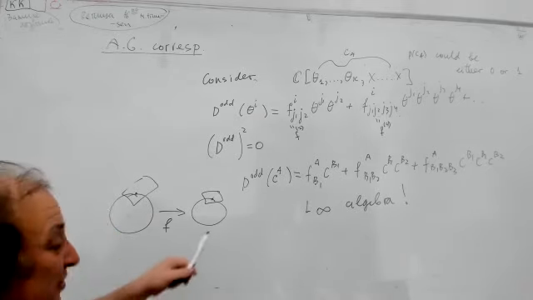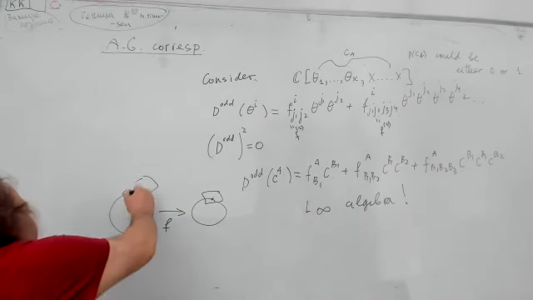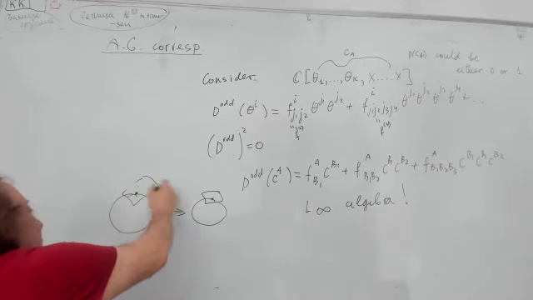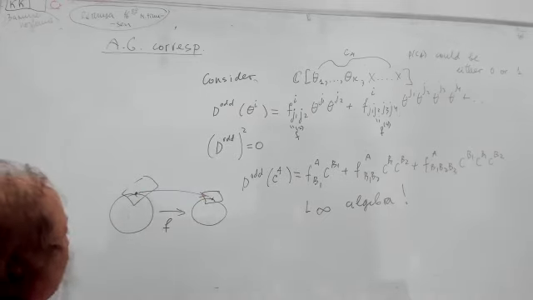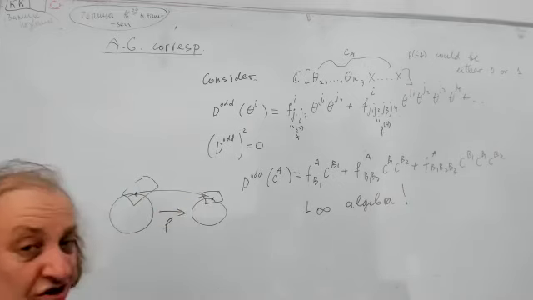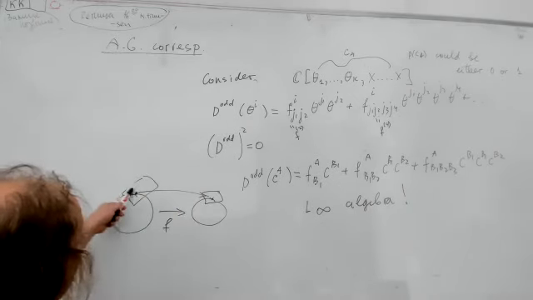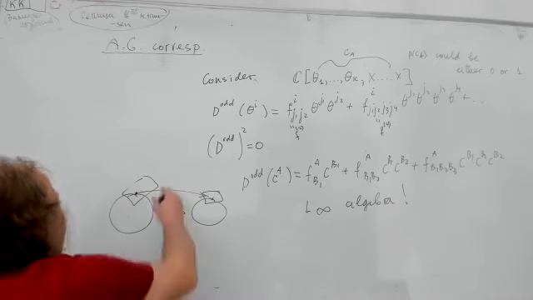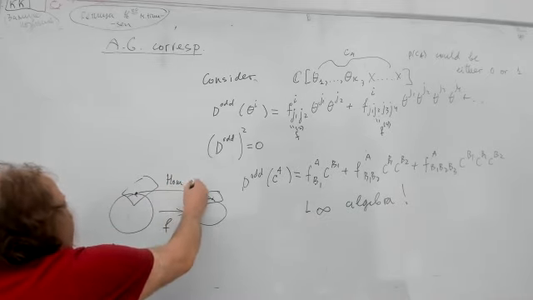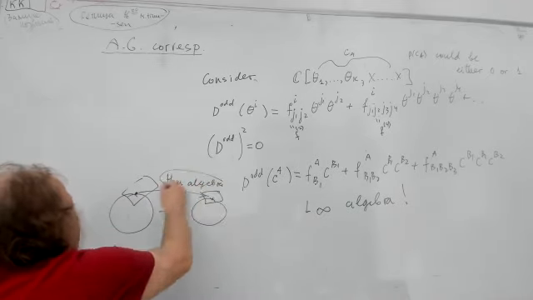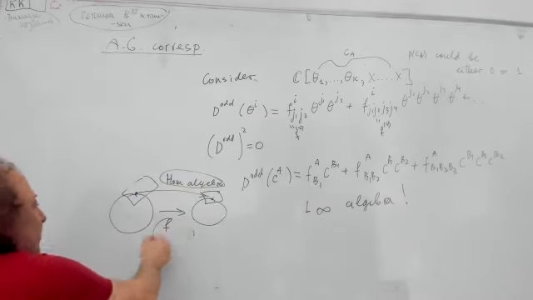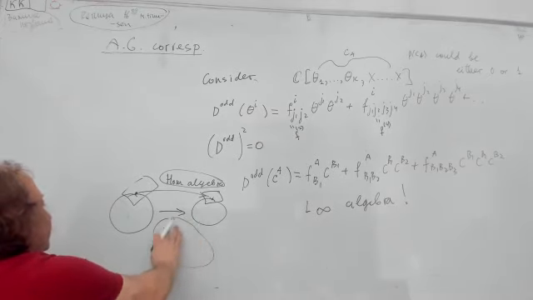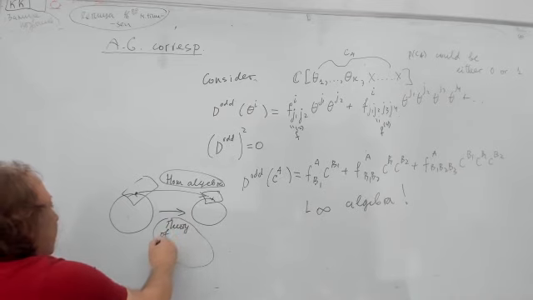Then you can consider linearization of it and have a map. So derivative is a map of tangent spaces. What you have here is homological algebra. And what you have here is the theory of Q manifolds.